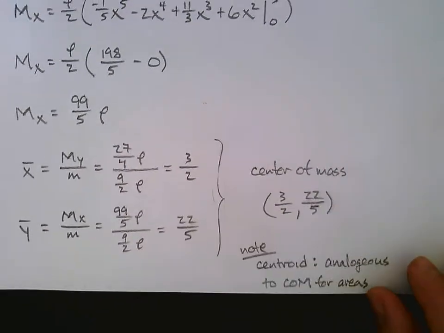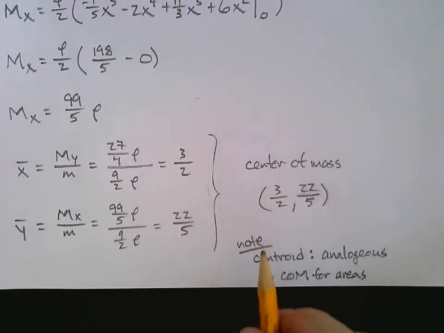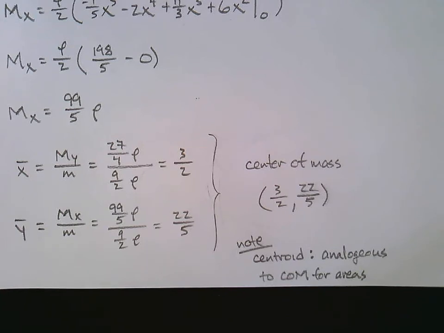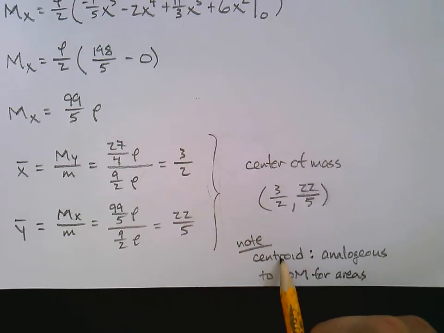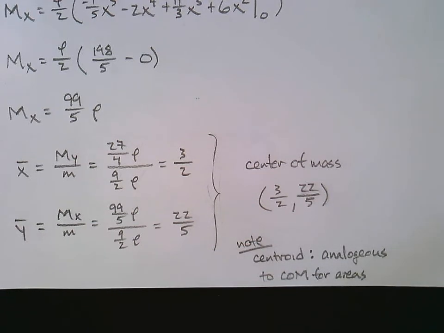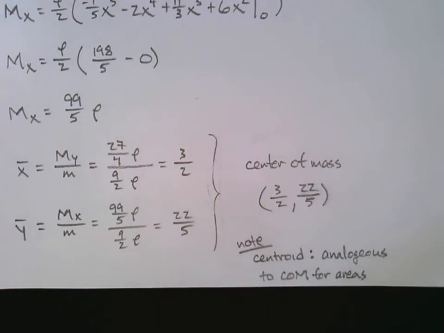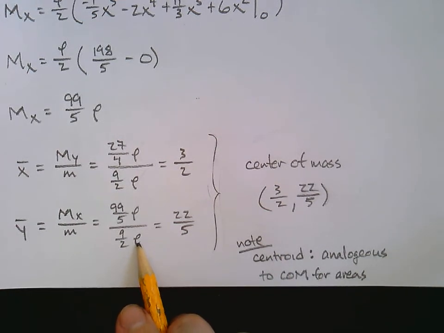One last thing I wanted to point out. You'll see problems that say find the center of mass, and you'll see other problems that say find the centroid. They're the same thing. There's a small nuance difference. We find the center of mass of a planar lamina, which has that uniform constant density.